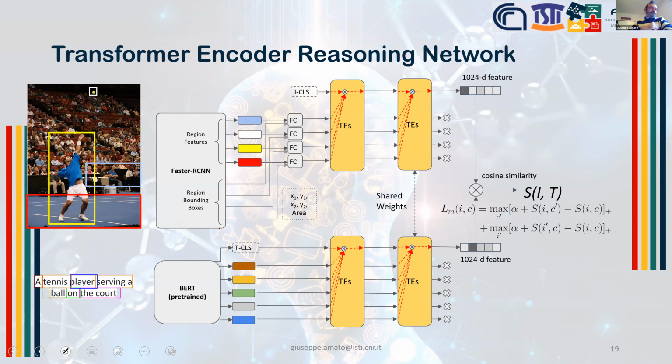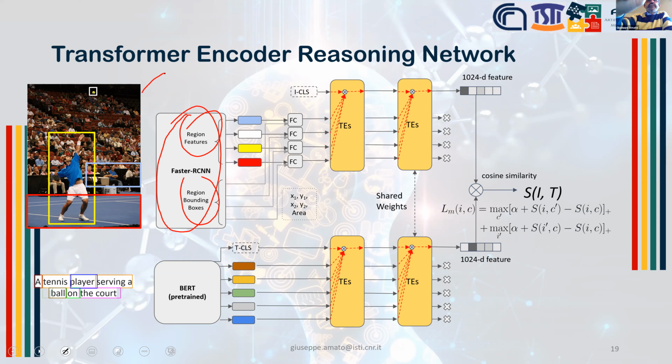As I said before, we used a transformer encoder network. We used Faster RCNN to identify regions, features of regions and bounding boxes from an image.